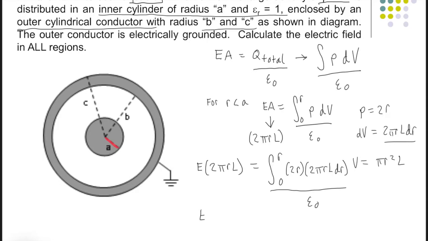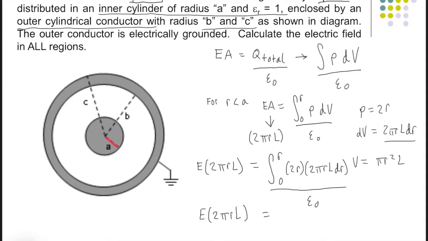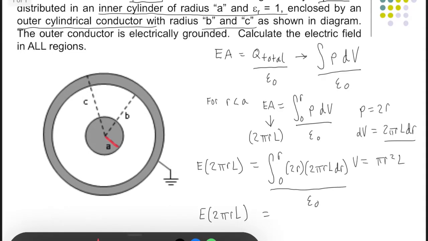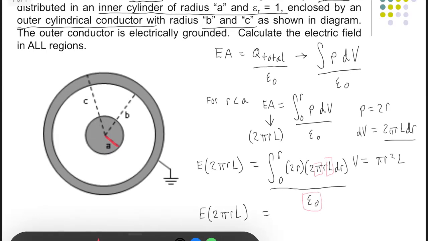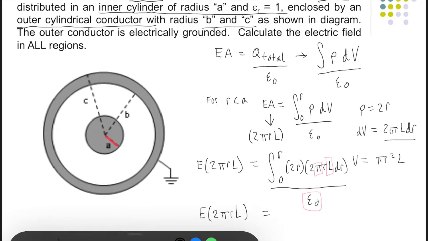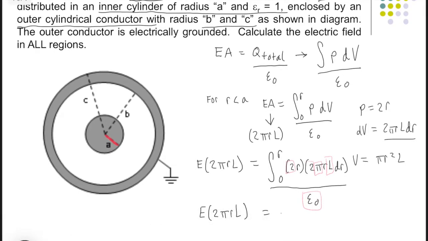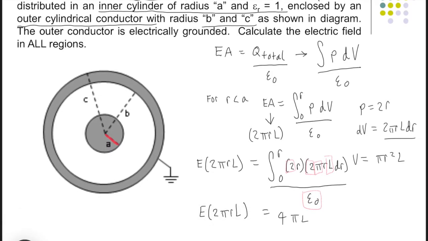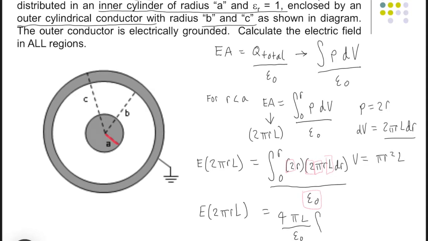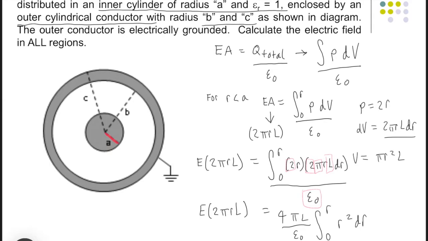So what we get is E 2 pi RL is equal to, we can move our pi, our L, and our epsilon to the front. We can also move our 2's to the front. So we get 4 pi L over epsilon naught multiplied by the integral from 0 to r of r squared dr.